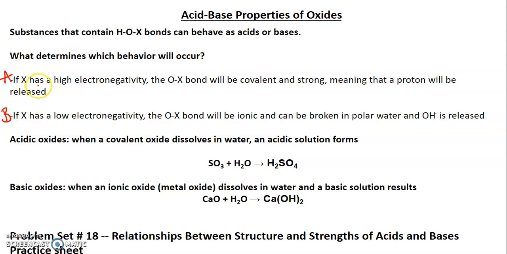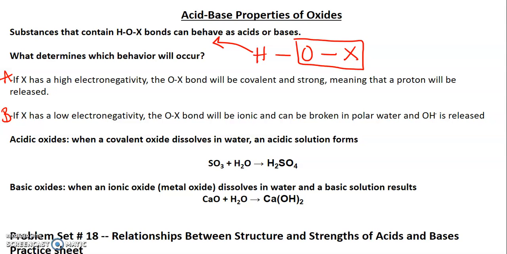If X, the non-hydrogen or oxygen element, has a high electronegativity, then the O to X bond is going to be relatively covalent and strong, meaning the hydrogen is then going to be released. Because if this bond is particularly strong, that means your hydrogen is going to be released, which is the characteristic of a Bronsted-Lowry acid.